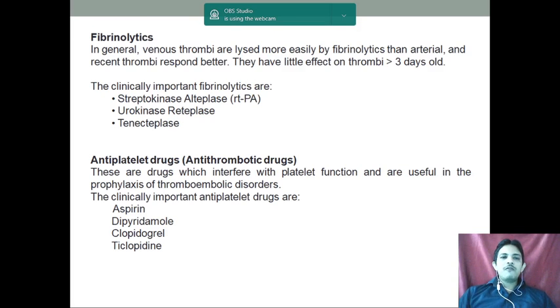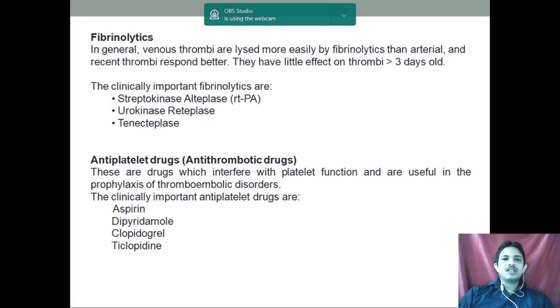Now coming to the fibrinolytics. Clear? Coming to the fibrinolytics. In general, venous thrombi are lysed more easily by fibrinolytics than arterial ones, and recent thrombi respond better.